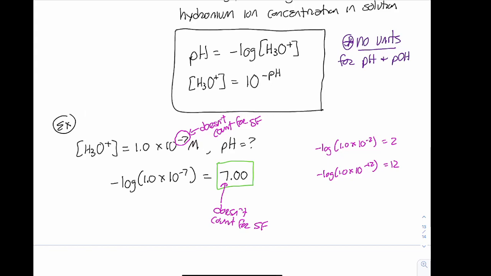So if I want 2 significant digits in my answer for my pH, I need to have 2 digits after the decimal point. So for log values, any digit to the left of the decimal point comes from the exponent in your original number, so they are not going to count. So this needs to be 0, 0.